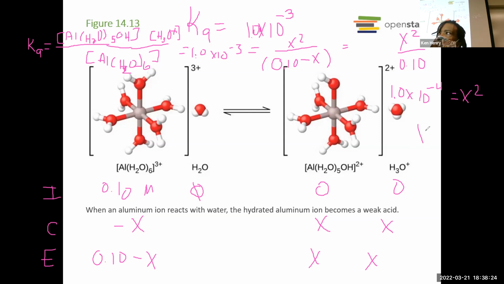So then x is going to equal... Okay, so we take the square root of both sides. It's going to be 1.0 times 10 to the minus 2.